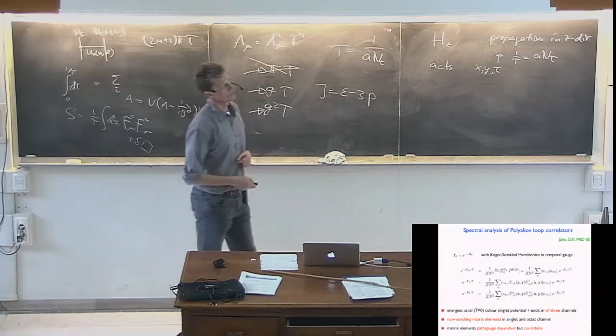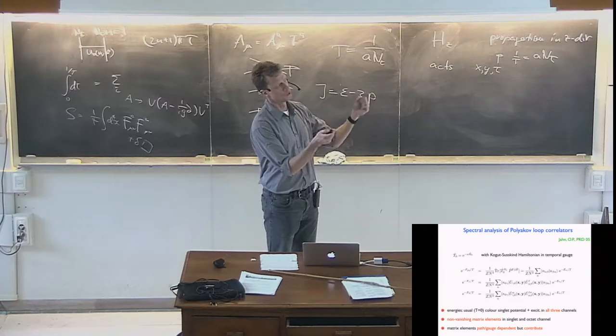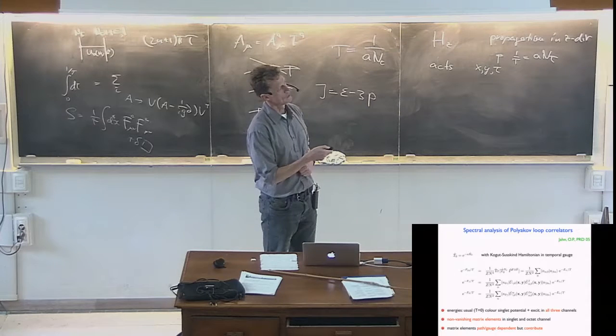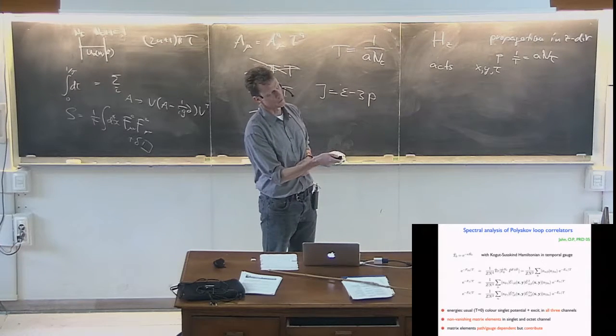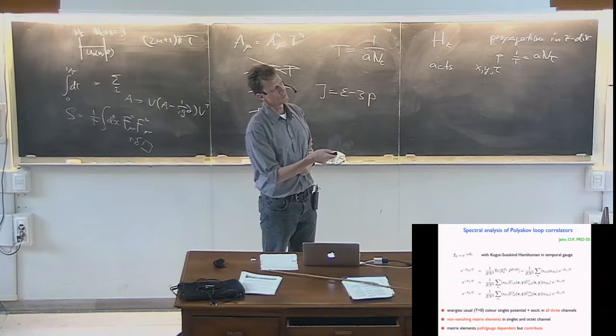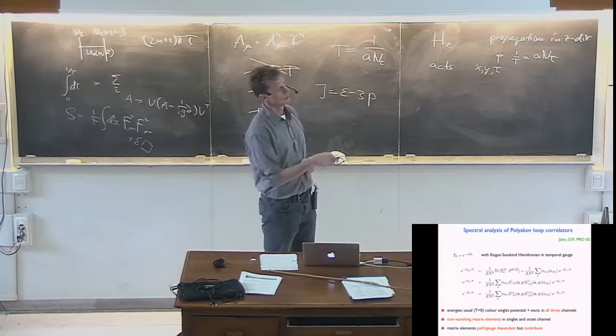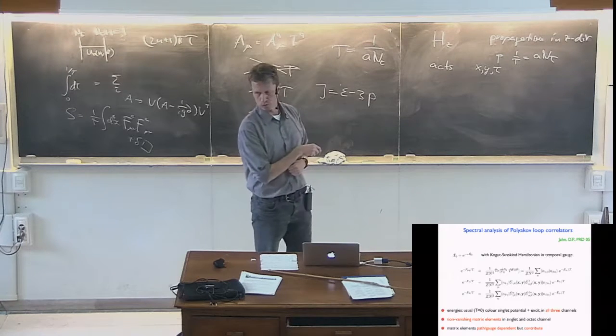Okay, and what you can do is, again, an analytic spectrum analysis. You don't even need to compute the numerics of this, and you can see that all of these three channels decay with the same eigenvalues En of the gauge invariant Hamiltonian. So the spectral information is the same because that's gauge invariant, and the only difference is in the matrix element before, which is a gauge variant, not well-defined object.